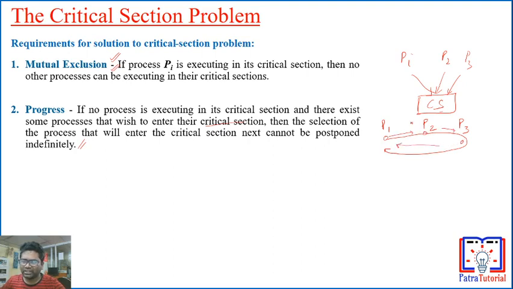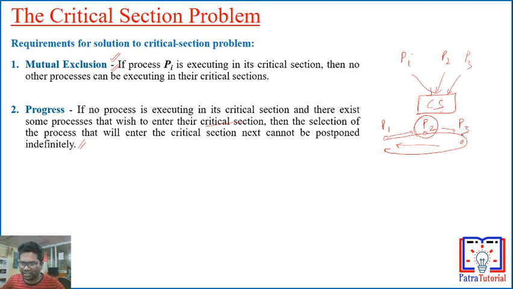But suppose P2 decided not to get into the critical section. P1 is executing right now and gives the chance to P2, but P2 does not want to go to the critical section, and P3 is waiting. In this scenario, what will happen? Neither P2 is entering the critical section nor is P3 getting the chance.